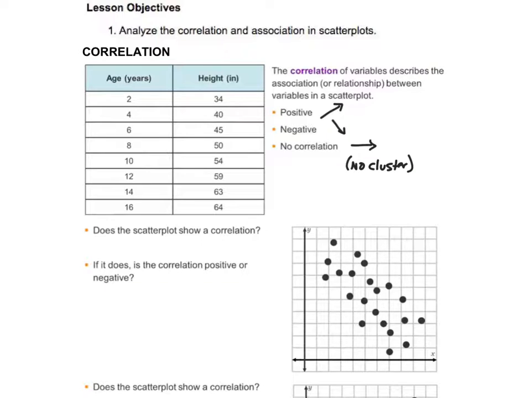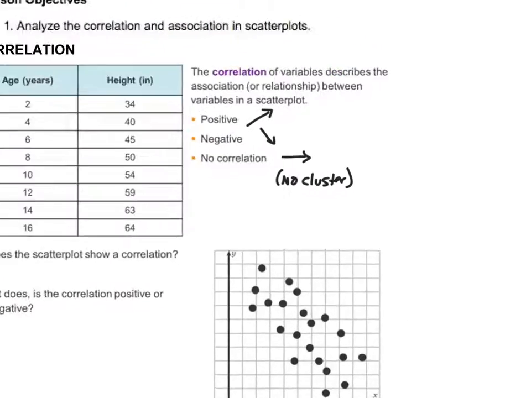So what we're doing is analyzing the age in years of a person to their height in inches. And what we find is that between the ages of 2 and 16, the height in inches is increasing. So let's write that over here.